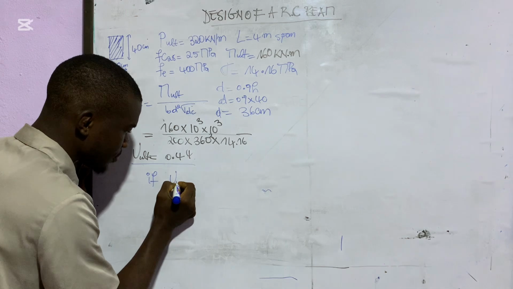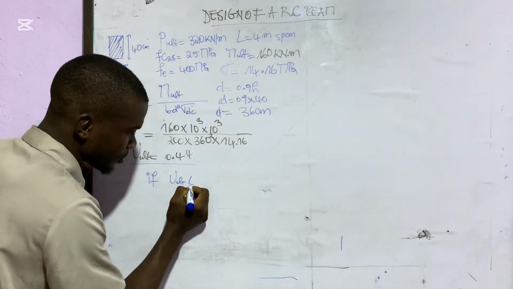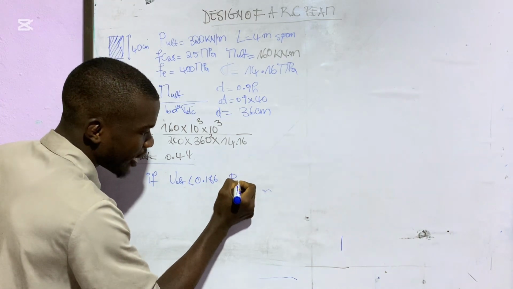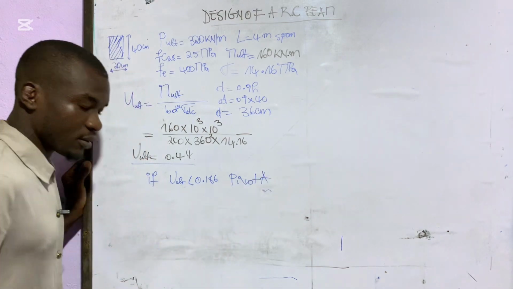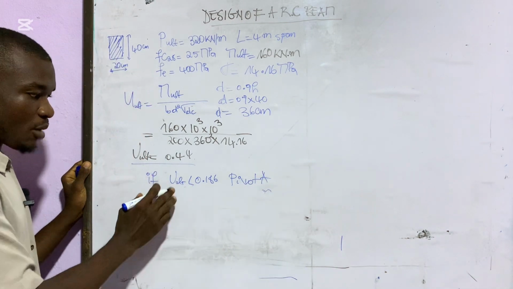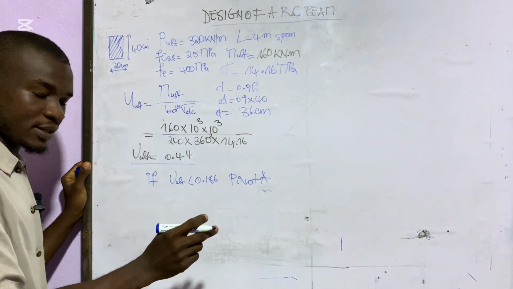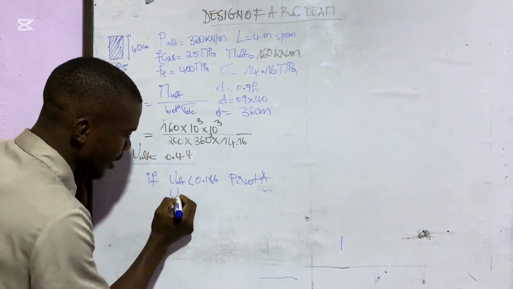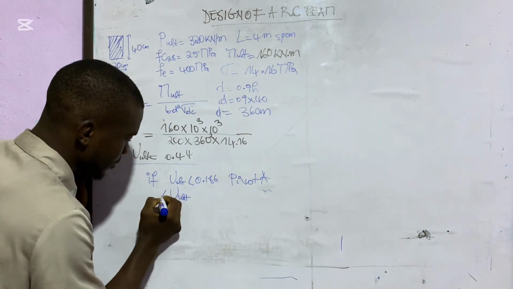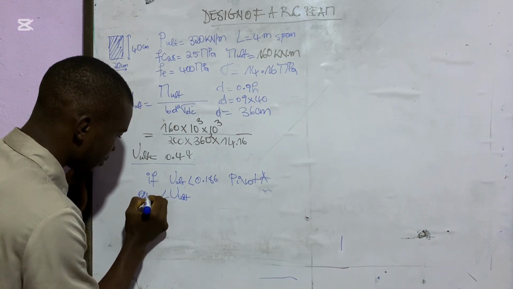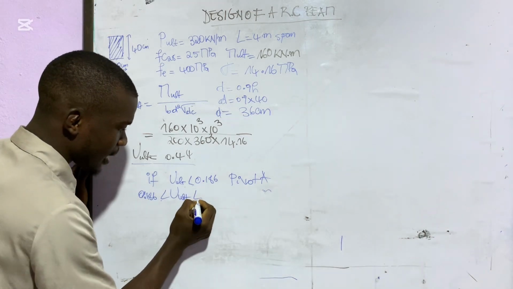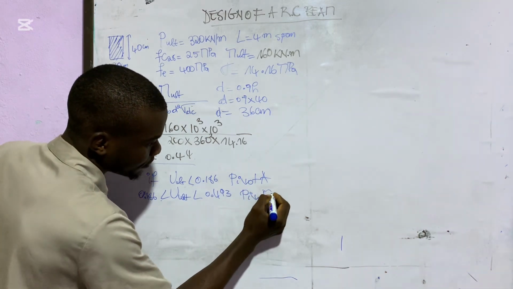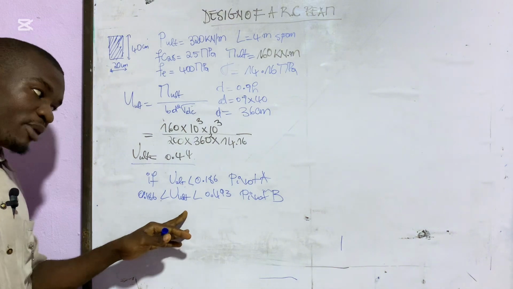If mu ultimate is less than 0.186, then you are in pivot A. In this case, you can see that we are no longer in pivot A. If your mu ultimate is greater than 0.186 and less than 0.493, you are in pivot B.